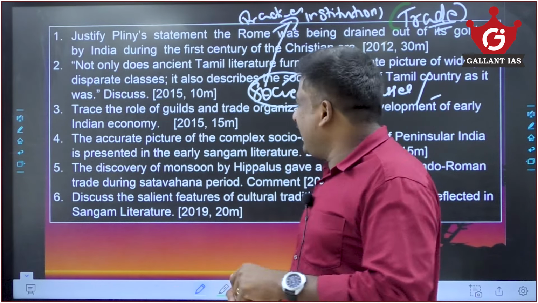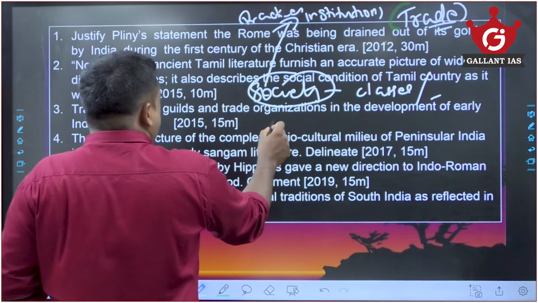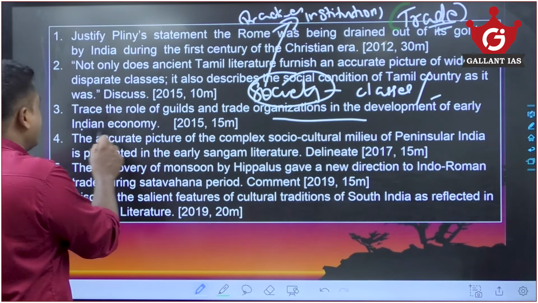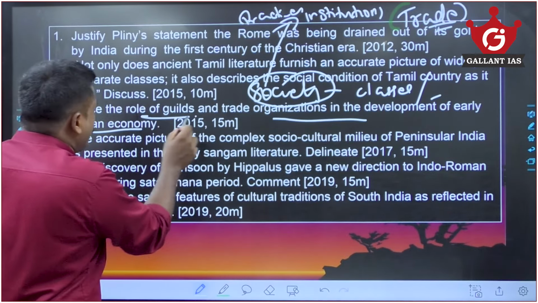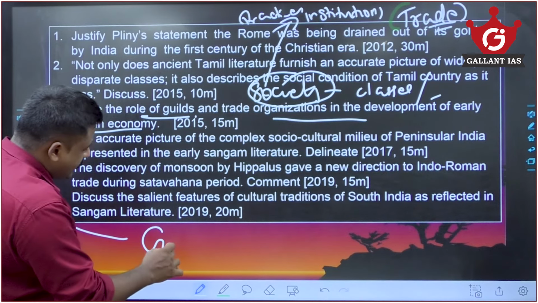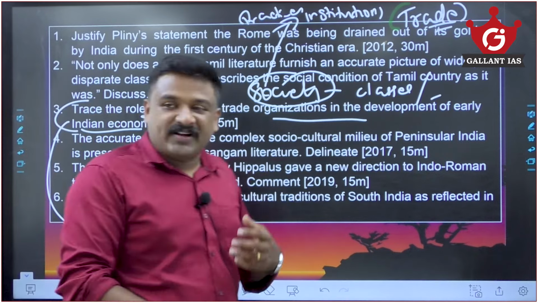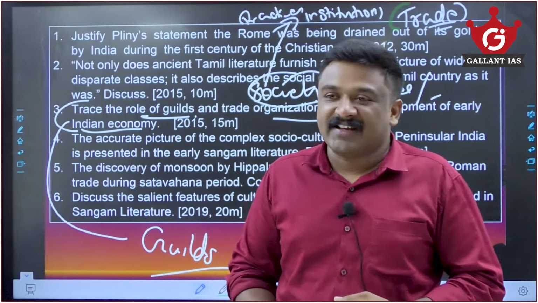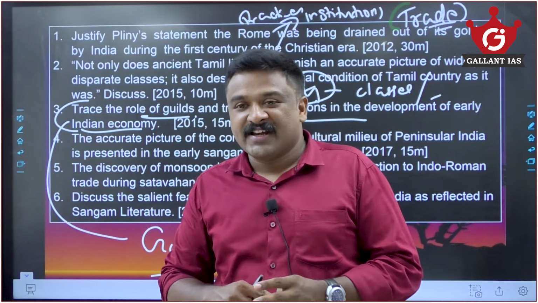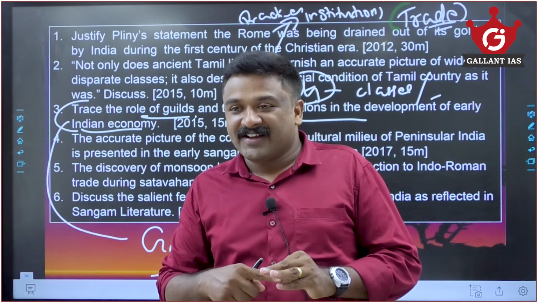Got it? Then, trace the role of guilds and trade organizations in the development of the early Indian economy. Yes, we go for the role of the guild. You must have an idea of the roles played by guilds. Guilds acted as a court of justice. They acted as the Reserve Bank of India.